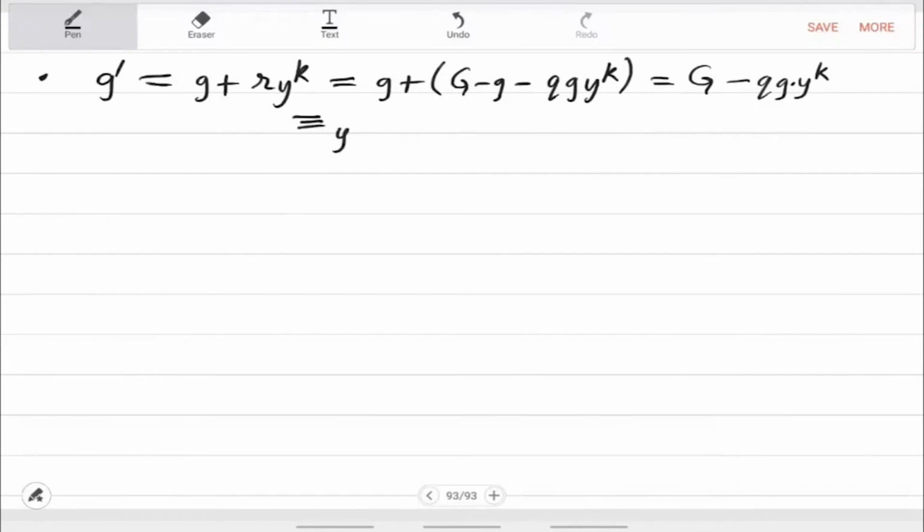You go mod y to the 2k. When you go mod y to the 2k, this small g you can replace by big G, because they are the same mod y to the k.